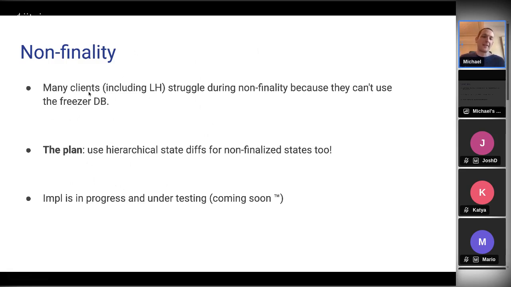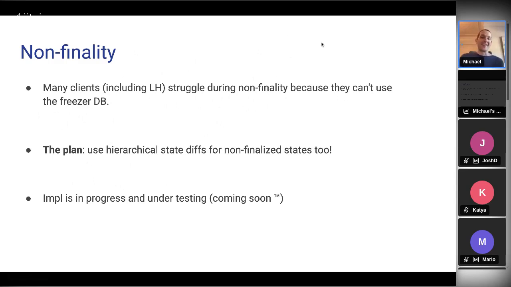But the main downside is that we can't use this hierarchical state diff system at the moment for the non-finalized states, because it only works for those historic states in the freezer database. So during the non-finality incident on Holesky, and we knew this was a problem, so this was something that we were preparing for, but we got caught off guard, basically.